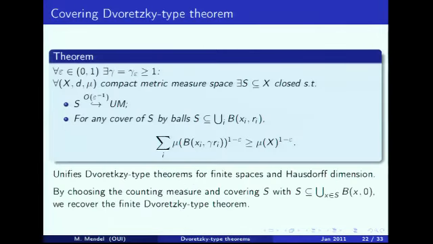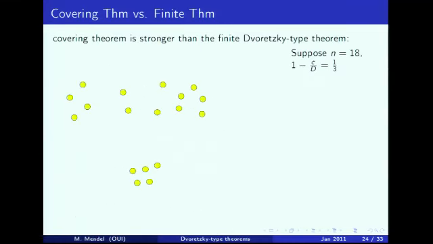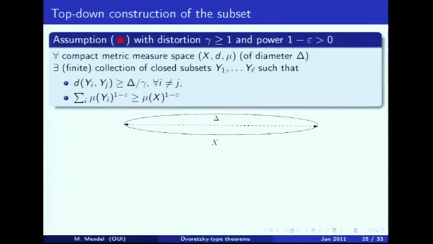For this theorem, okay. Let's say it's an approach for the proof. It's not really a proof. So let's assume assumption star.